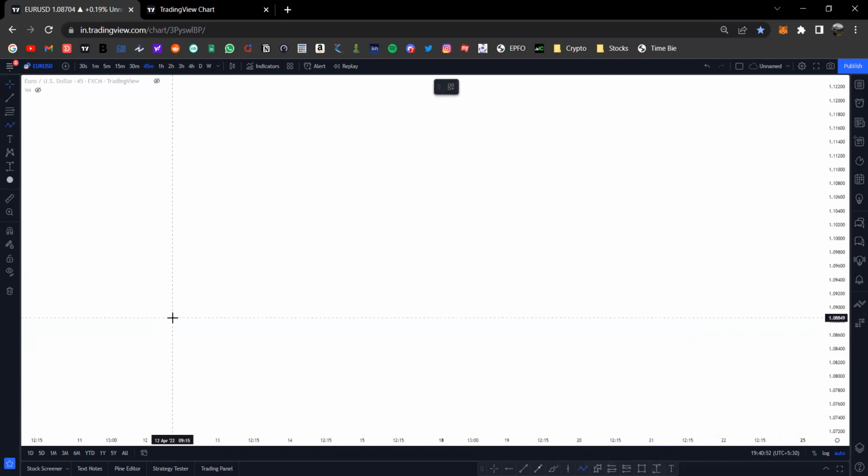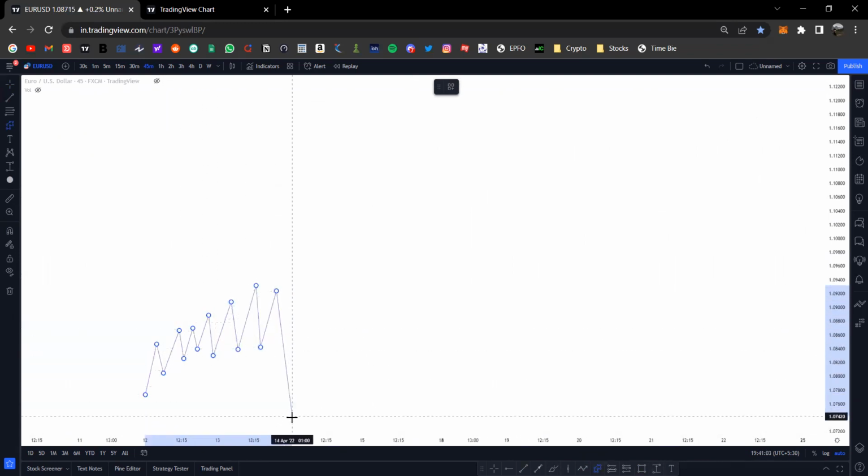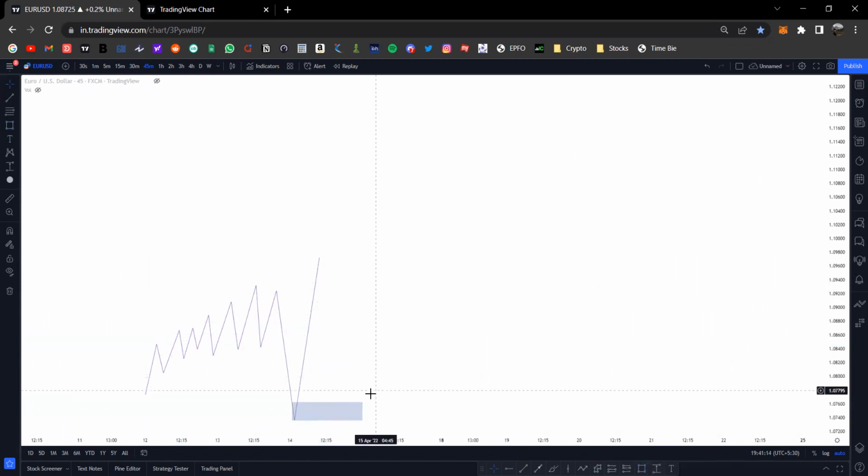I will explain some good concepts, so don't worry. Price creates this kind of structure, and if price takes out the low and takes out the high, that's where I will choose that as a point of interest. This will be my sponsor candle.